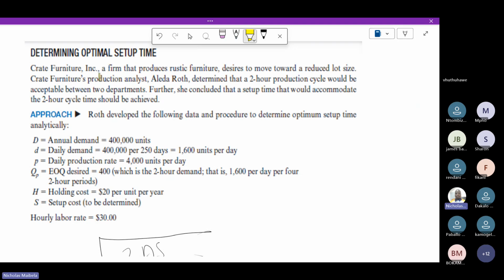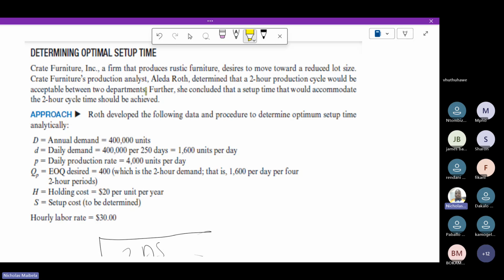Crate Furniture Incorporated, a firm that produces rustic furniture, desires to move toward a reduced lot size. Crate Furniture's production analyst Alda Roth determined that a 2-hour production cycle would be acceptable between two departments.